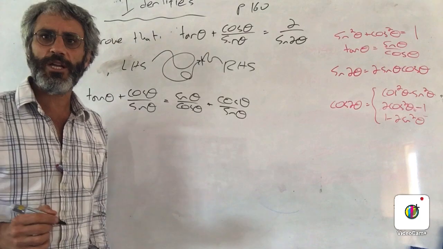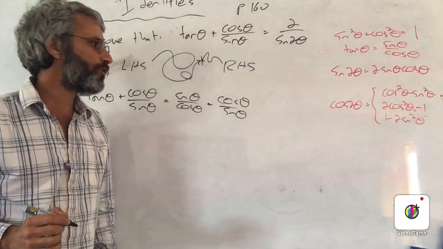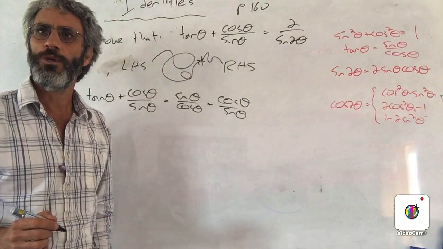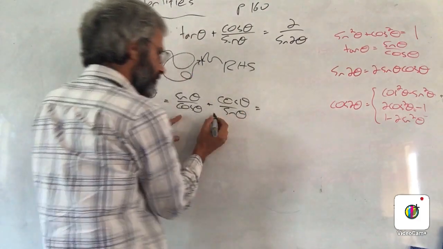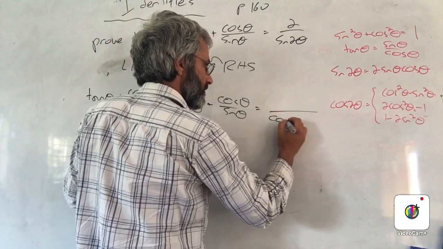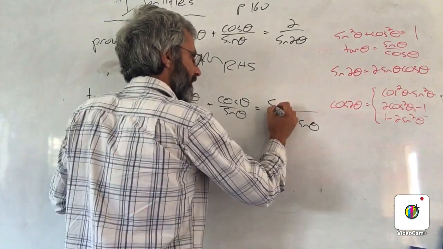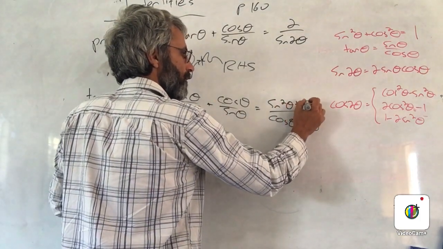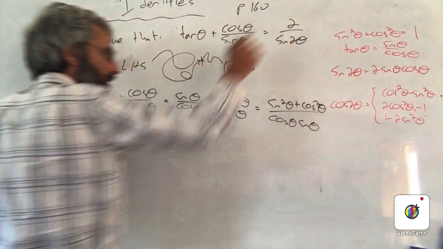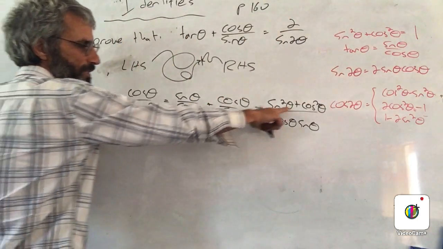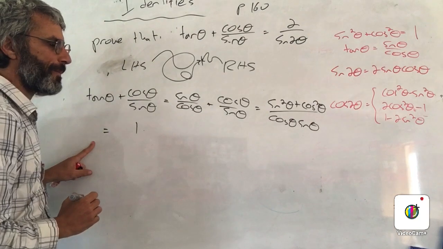What's the next step we can do? When you have two fractions, what do you need to do? Common denominator. So the common denominator is simply cos theta sine theta. And then that will be sine squared theta plus cosine squared theta. And now we can use that first one. What is sine squared plus cosine squared? It is 1, right?